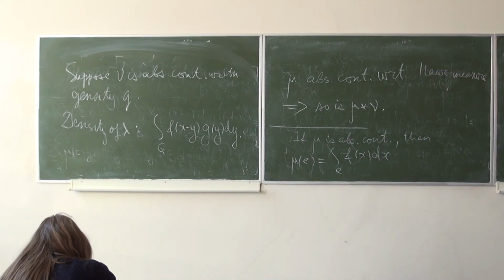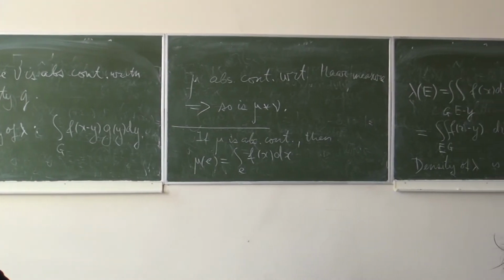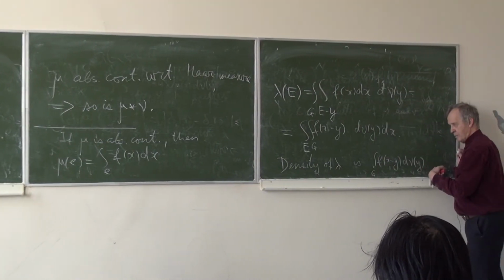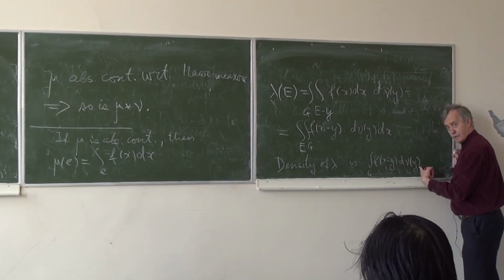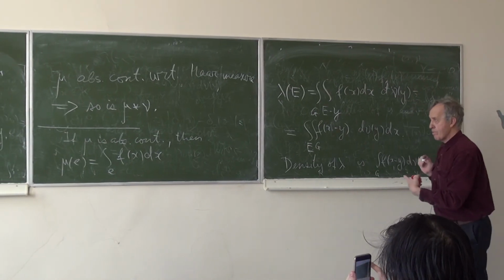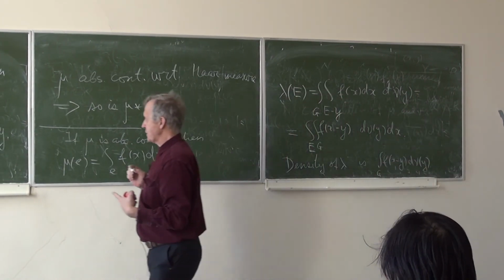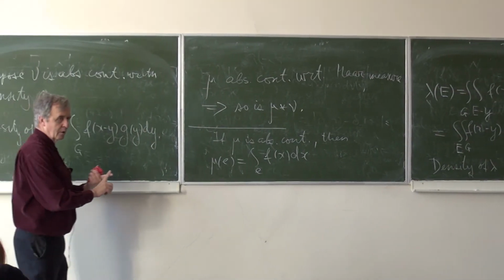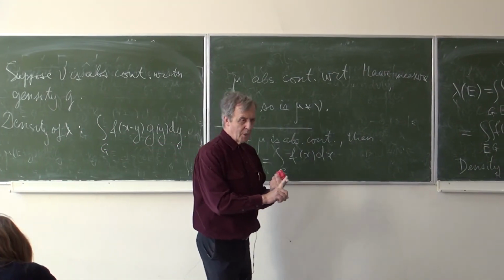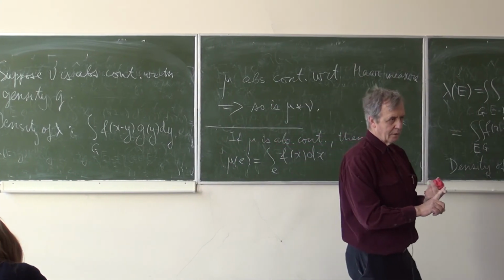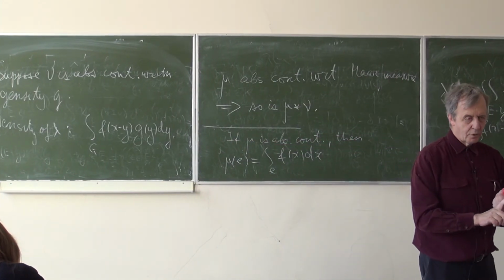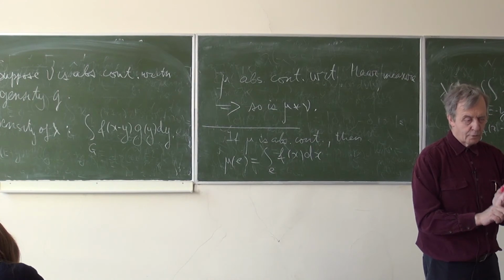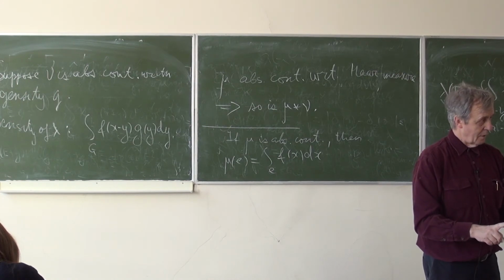This integral over nu will be simply the integral with the function g over the Haar measure. What happens if we convolve two absolutely continuous measures? Then the density of this convolution is obtained as the convolution of the densities of these measures.